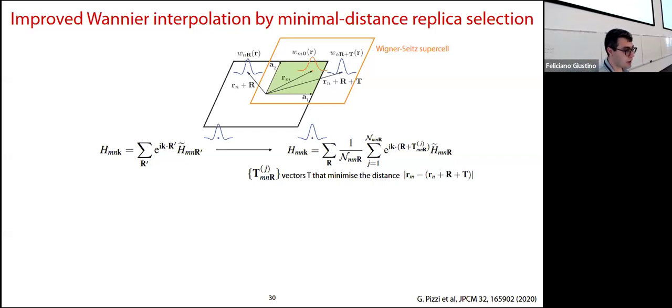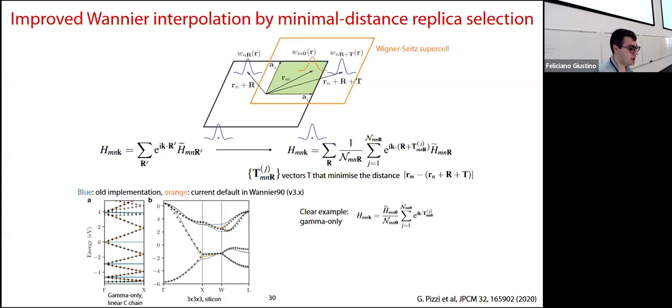Okay, and so you could use a simple Fourier transform, and this would basically mean using the Born-von Karman supercell, but this is actually wrong in the limit of Gamma-only sampling, and even with finite k-point sampling, it would require much denser grids. Okay, while this formula is slightly more sophisticated, we call it minimal distance lattice vector selection.